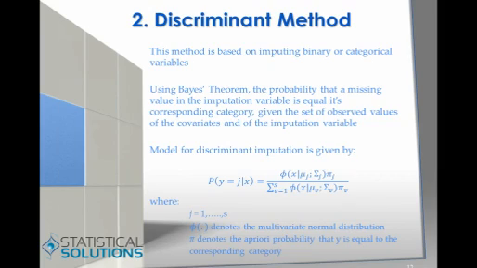The model for the discriminant imputation is given by this equation here: the probability of the outcome variable equal to j given x, where the phi function denotes the multivariate normal distribution, and pi denotes the a priori probability that the outcome variable is equal to its corresponding category. So this is for categorical and nominal data only.